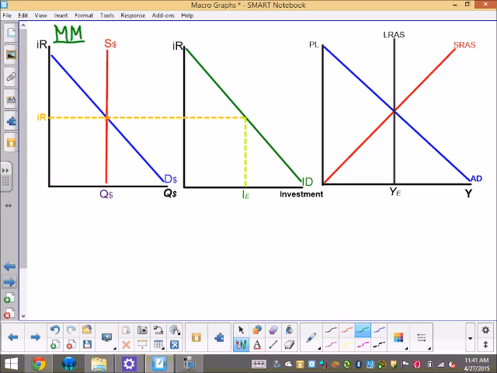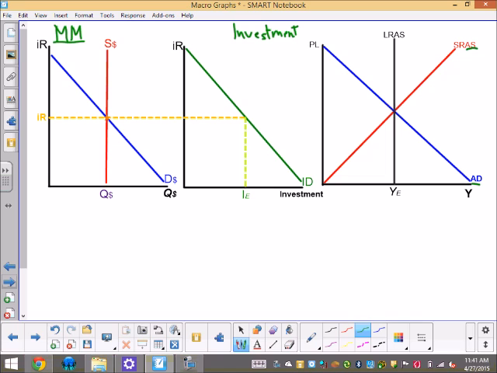What is this graph right here? Right, this is the market for investment spending. Really, it's a market for loanable funds as well. So this would be investment. And this is our aggregate supply and aggregate demand graph that you guys should be very comfortable with. And if you're not, go look over your stuff.